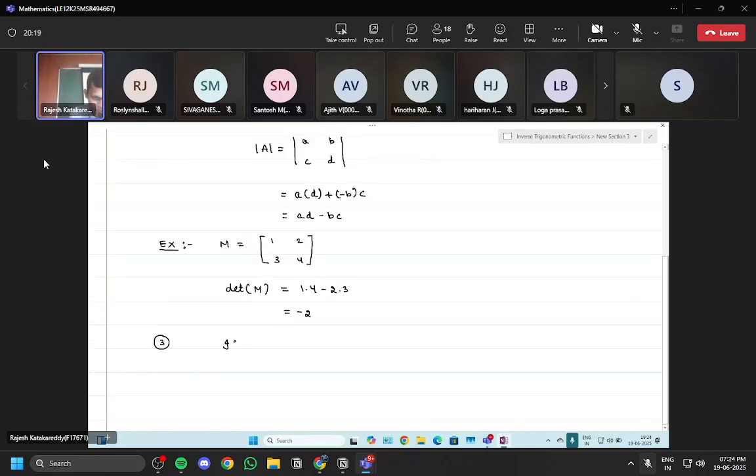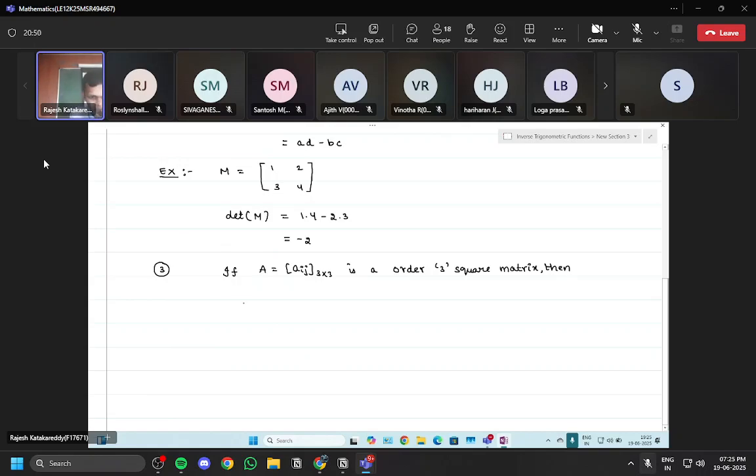Let's say if A is equals to Aij, 3 by 3, is a order 3 square matrix, then in general let us take matrix A is equals to A11 A12 A13, A21 A22 A23, A31 A32 A33.